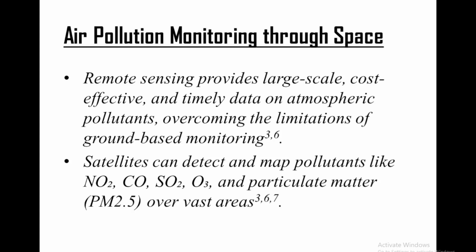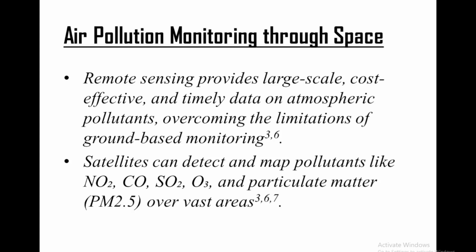These observations are usually derived from changes in radiation intensity that is either absorbed or reflected or scattered by gases and particles in the atmosphere. A key strength of satellite data is its ability to detect pollution over large and inaccessible areas such as oceans or deserts or international borders.